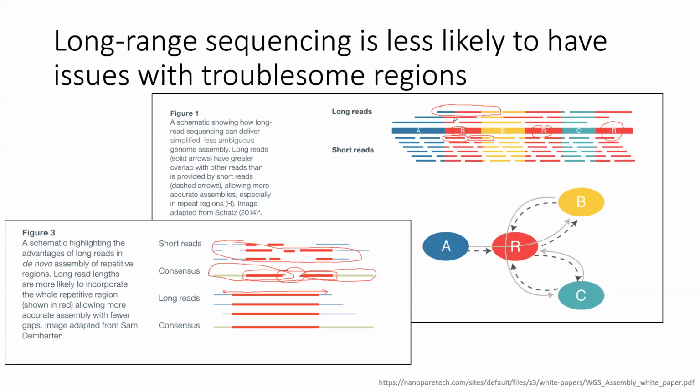So we know that this here will only map to this region of the genome. And we know that B has to be here on the other side of the region from A. So it helps with mapping and with circularization.